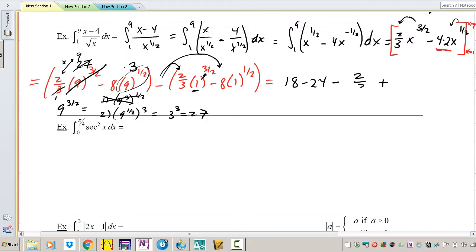So it's 2/3, and 1 raised to any power is 1, times 8 is 8. Now I can combine 18 and 8 and then take away 24, which is 2. Take away 2/3, and now I have 4/3 as my answer. So the area under this curve from 1 to 9 is 4/3 square units.